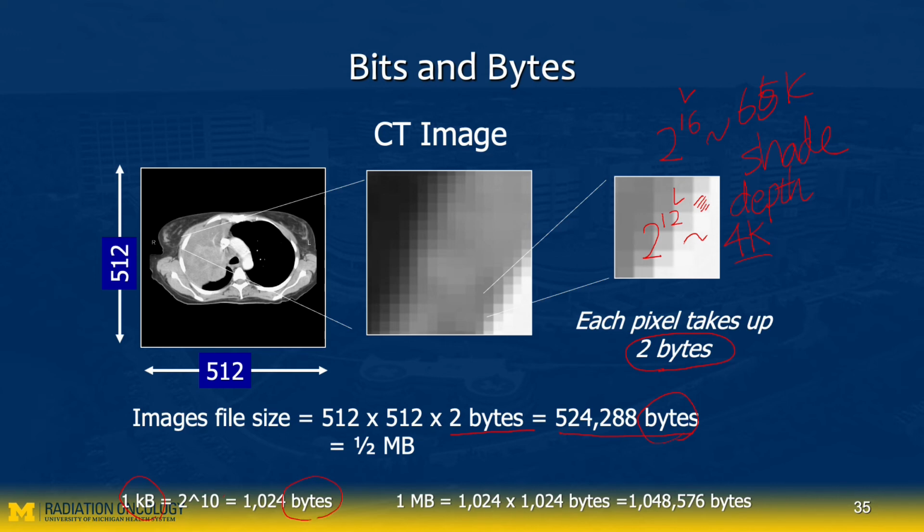It is important that you understand this. And then 1 megabyte is 2 to the 10 times 2 to the 10 bytes. So 1 megabyte is not 1 million bytes, it's rather 1,048,576 bytes. So you can easily convert this. At the end of the day, 1 CT slice is about half a megabyte.